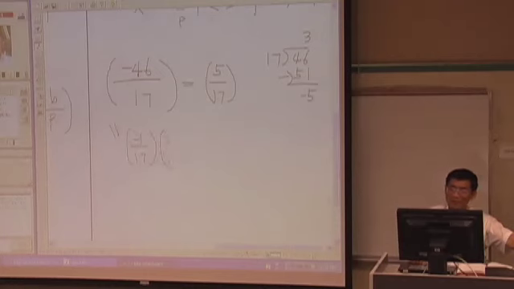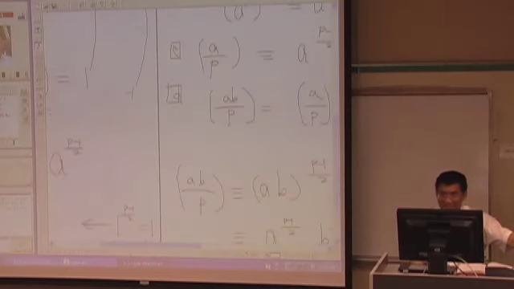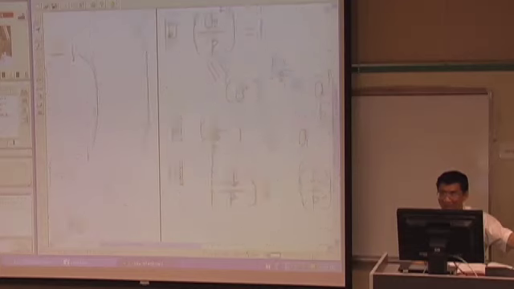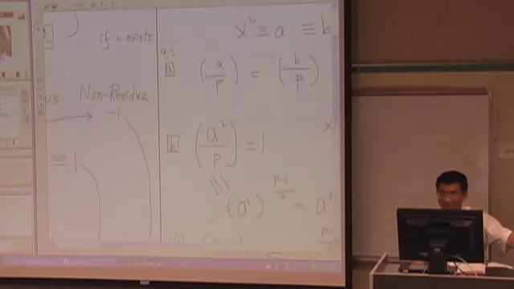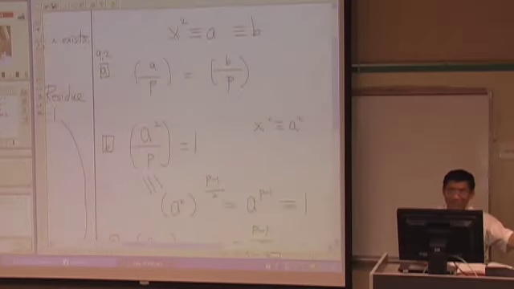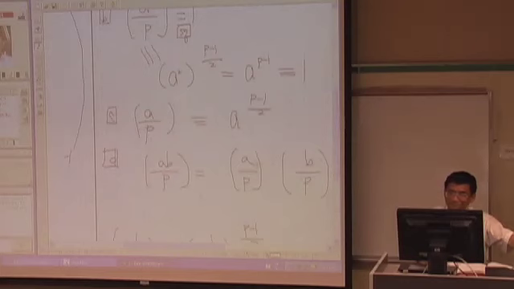By property. It's very inconvenient to use text, so I will name the properties. For instance, let's call this the congruence property, and let's call this the square property. And let's call this the product property. And this is the Euler criterion. Then it's easier to remember, right?